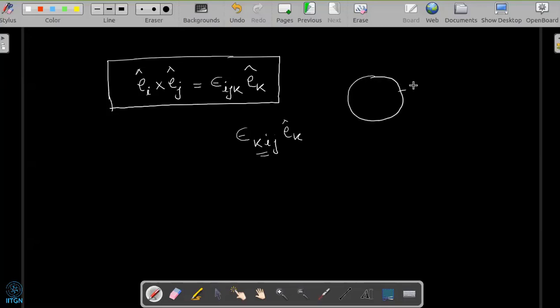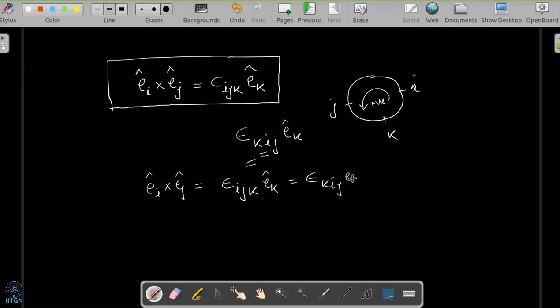So if we are having I, J and K, and if this is an even permutation, then it is okay. K, I, J is an even permutation, so it is okay. Then we can write epsilon IJK EK is equal to epsilon KIJ EK, and it is equal to epsilon JKI.